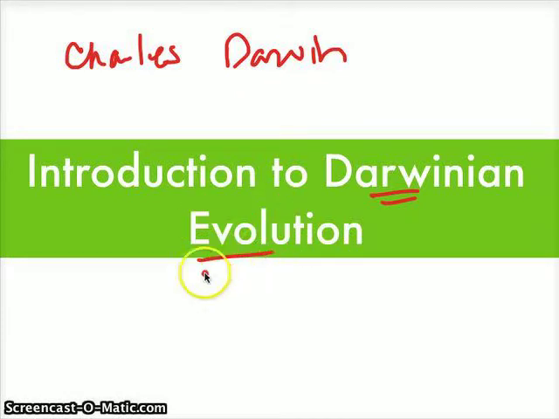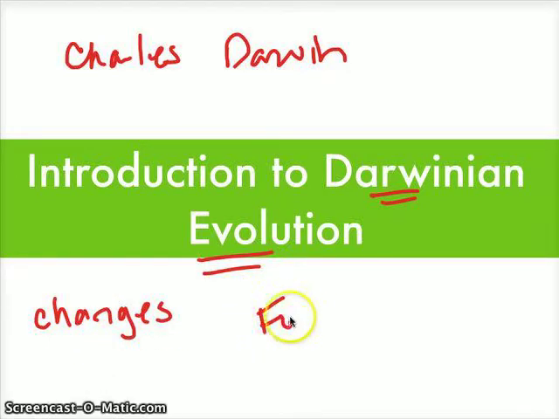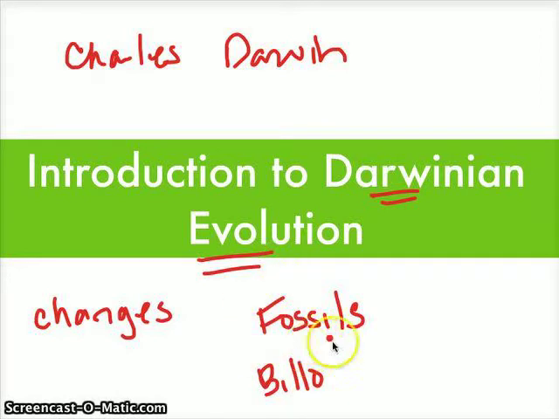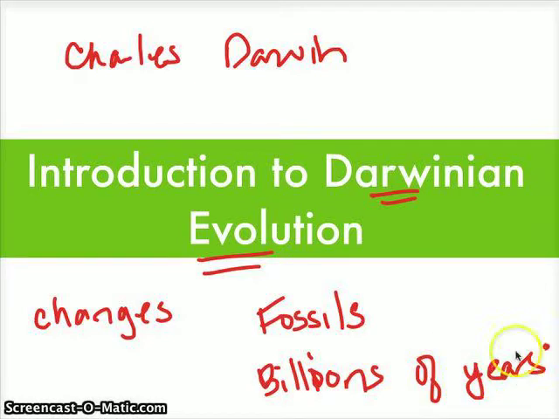And when we think of the word evolution, we think of words such as changes, fossils, and billions of years. And this is all very acceptable ways to think of evolution.